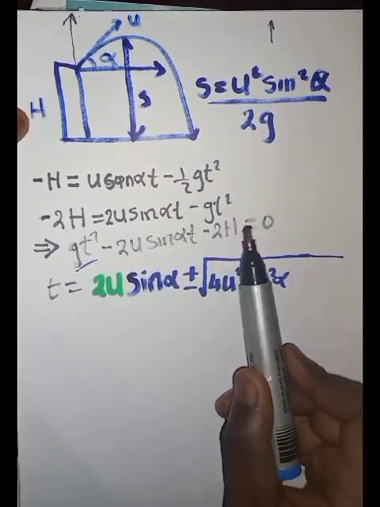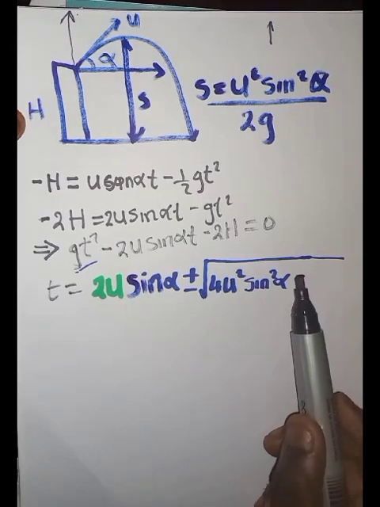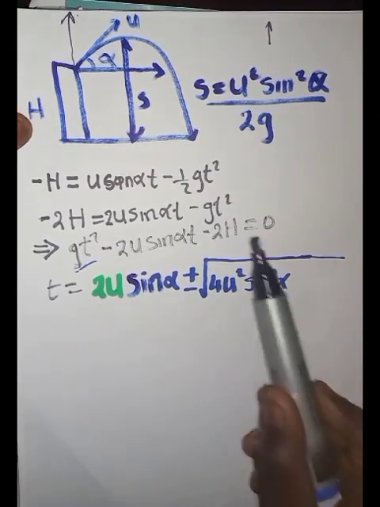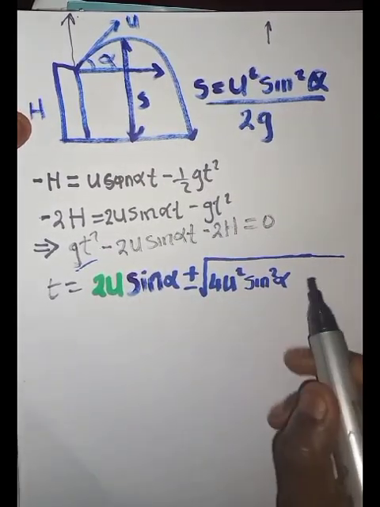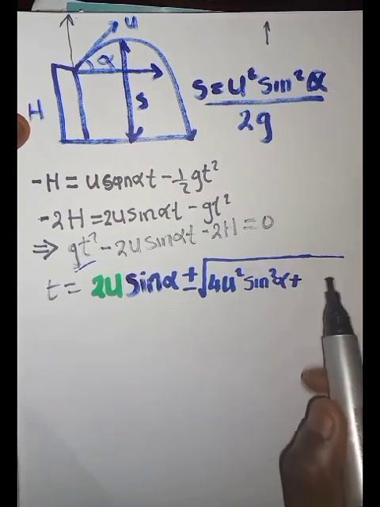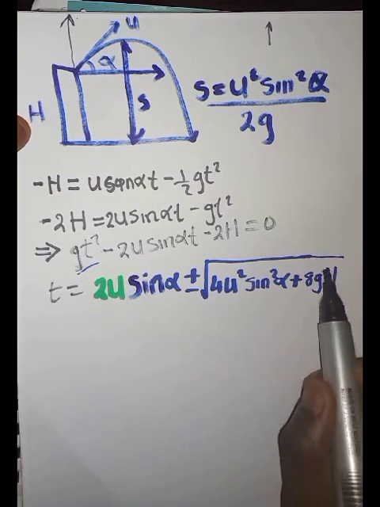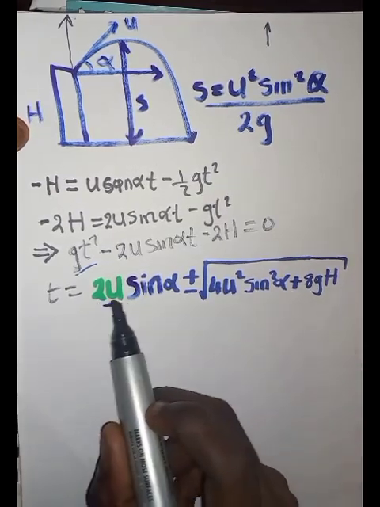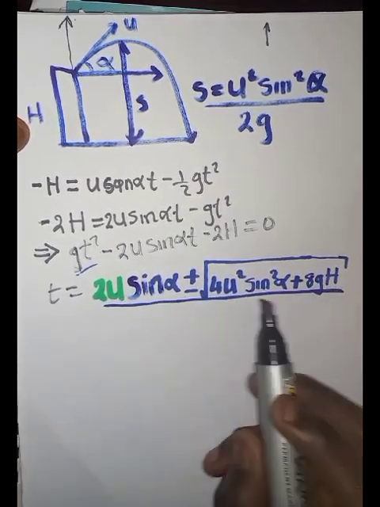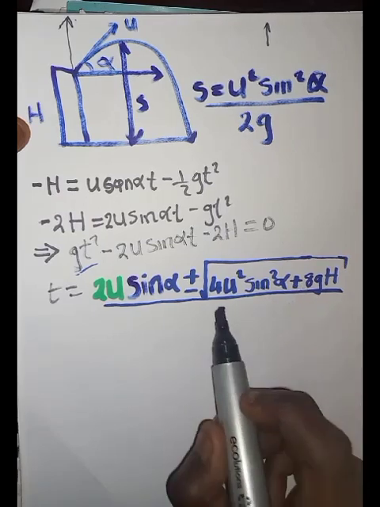The minus 2h makes the initial minus become positive. Then 2 times 2 gives us 4, so this is going to be plus 8gh. Great, 8gh. All that is on 2a, which is 2g.